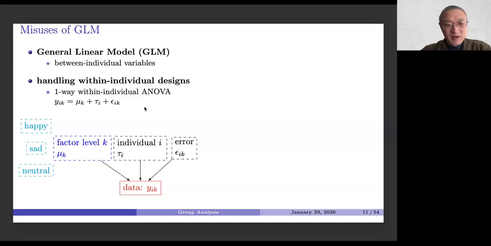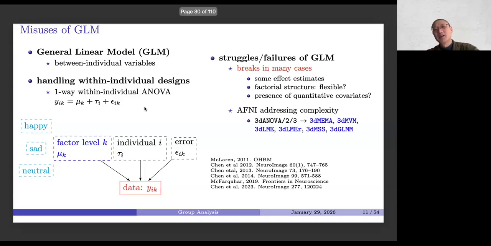But in some software packages, this is modeled as a general linear model. The problem with that framework is that if you are focused on the contrast between two levels, for example happy versus sad or sad versus neutral, that pairwise comparison is fine. Or if you want the omnibus test, the F statistic, to see any differences across the three conditions, that is also fine.